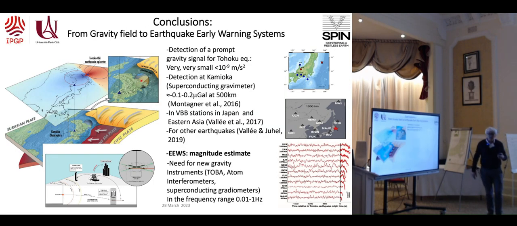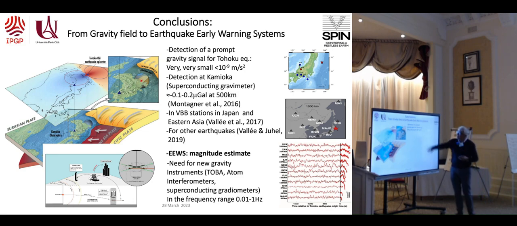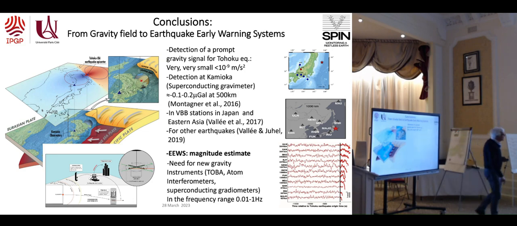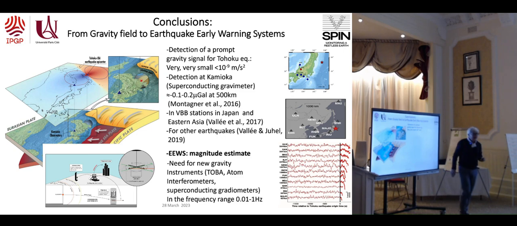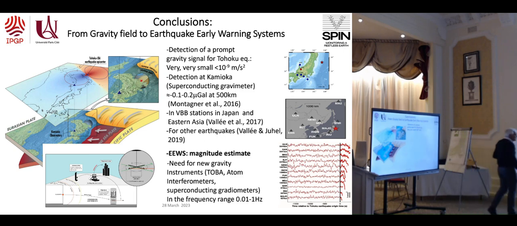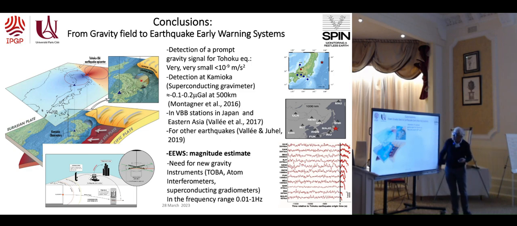What I tried to show you is that we start from very simple ideas, gravity field measurements, and we end up, which was completely unexpected, with earthquake early warning systems. By chance, I should say, we detect a prompt gravity signal.